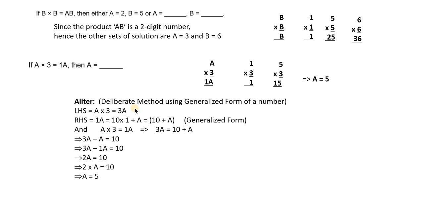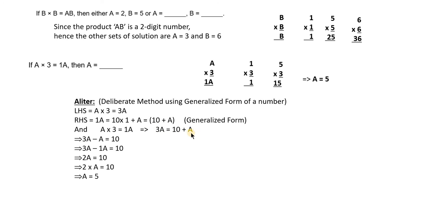You can do it the other way, using the generalized form also. Left hand side, a into 3 is 3a. Right hand side, 1a means 10 plus a, since 1 is in the tens place. These two are equal, so 3a should be equal to 10 plus a.